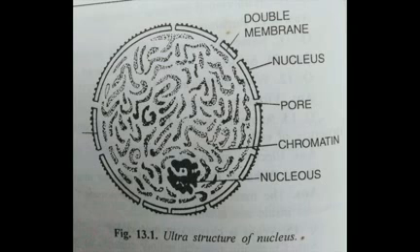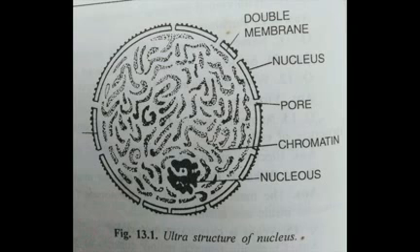In these organisms, the nuclear region is not well defined, as the nuclear membrane is absent. Such an undefined nuclear region containing genetic material, DNA, is called a nucleoid.